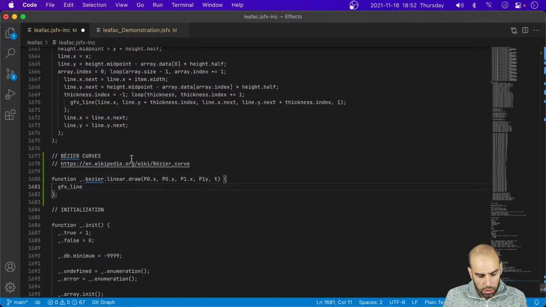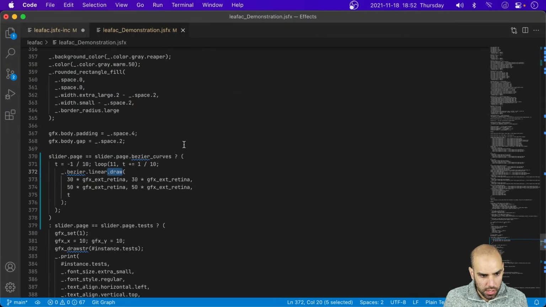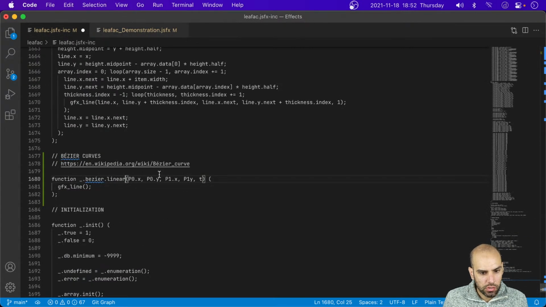Yes, so line is going to go from, well, I could not do the parametric thing with t. Oh, no, this is not gonna fly. Okay, I'm gonna have to change some things about the way that I'm using this function over here. We'll get to that in a moment.